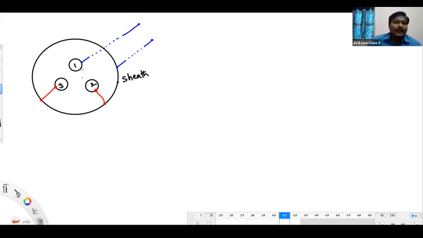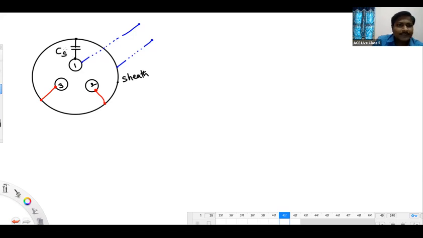Can we get any capacitance between 1 and sheath? Yes, they are not connected. The first two conditions always hold; the third we should check. If these two are not connected, there may be a potential gap, so capacitance will definitely exist between 1 and sheath.